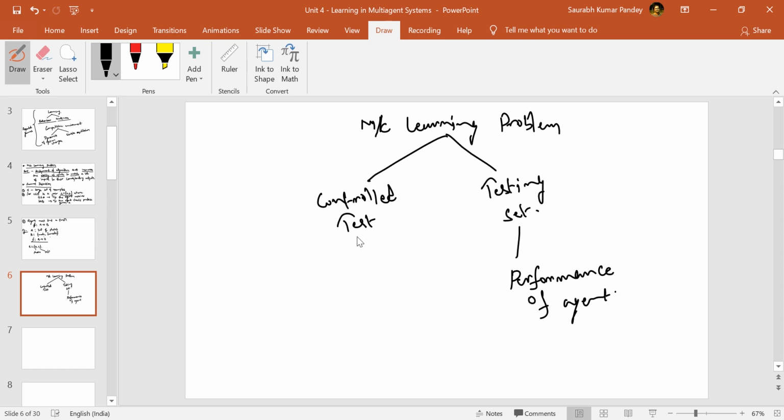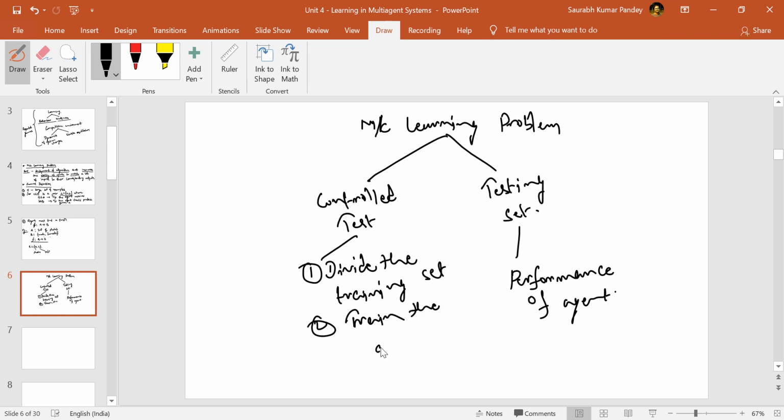And when you say the control set, therein two aspects are there. First, divide into training sets. You are dividing the large set of examples, and then with each training set you train the agent. So a machine learning problem can be understood in these two ways. One is control set, second is testing set.